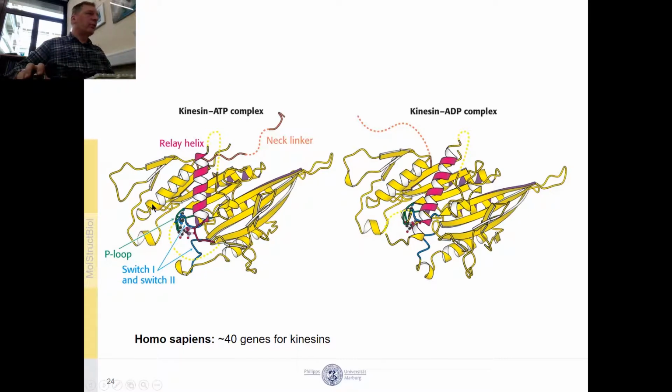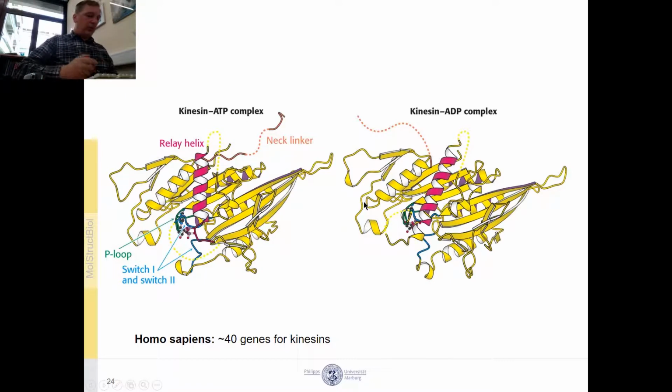So you see that from left to right, the helix changes its position relative to the main body of the domain. And by the change of this relay helix, the neck linker that is associated with the relay helix gets released from the association. Here we are in the ATP bound form. Neck linker is associated with the relay helix. Here we are in the ADP bound form. It's now released from that.